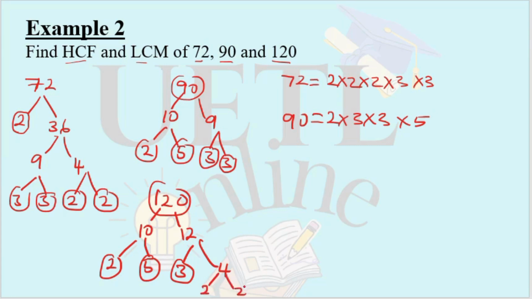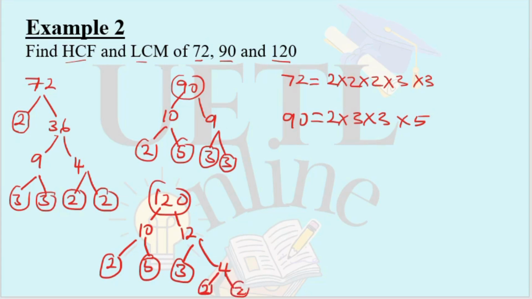So now we have 2, 2, 2, 3, and 5. This means that 120 equals 2 times 2 times 2 times 3 times 5. Right. Now let's find the highest common factor.